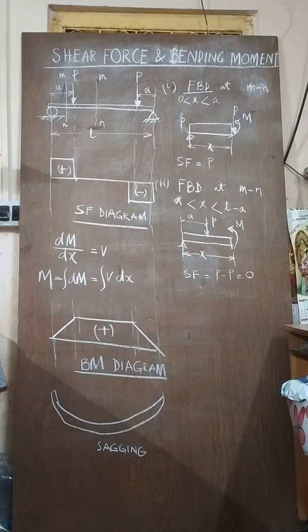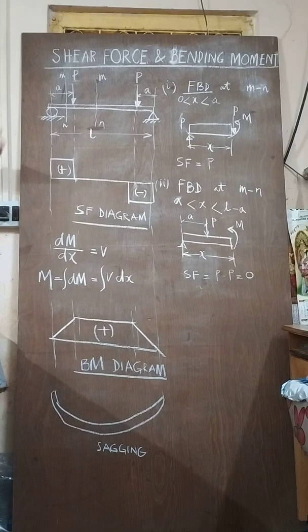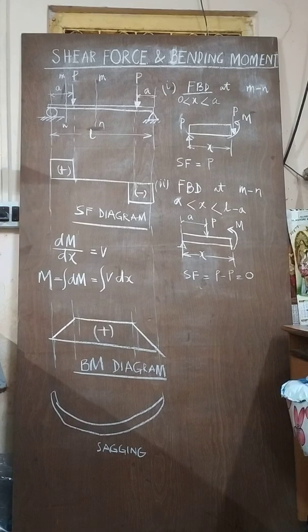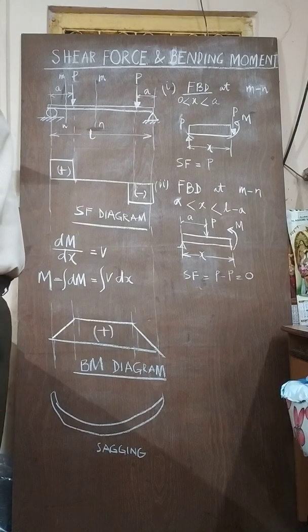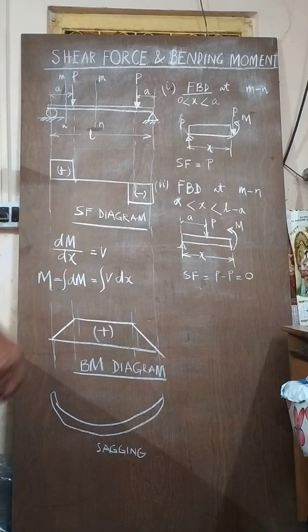Welcome, boys. We are discussing today the shear force and bending moment diagram. This is a simply supported beam being loaded with a transverse load P and P, both sides equally, at a distance A from each corner.